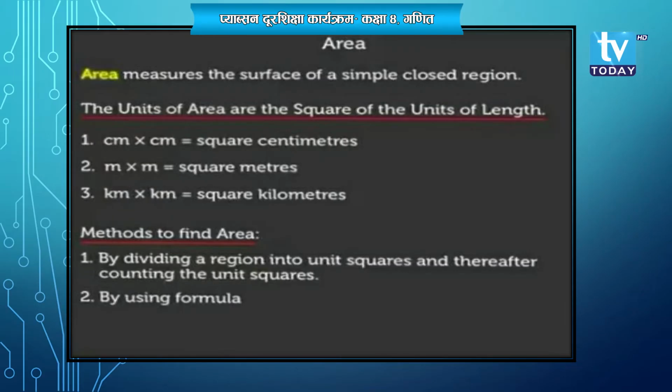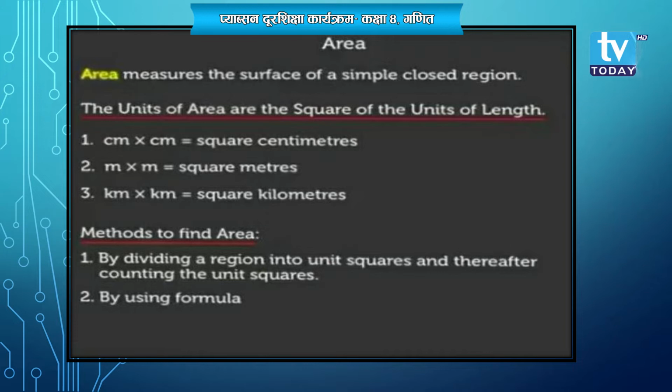Okay students, now see the slide. Over here, have you seen? We have already discussed area, right? So here, area means the surface of a simple closed region. You can see the units of area are the squares of the units of length.